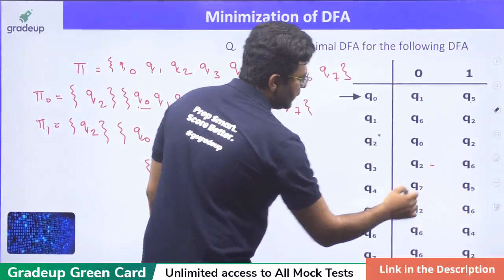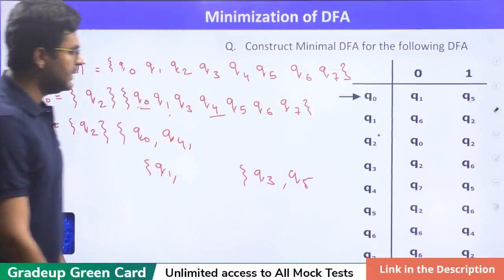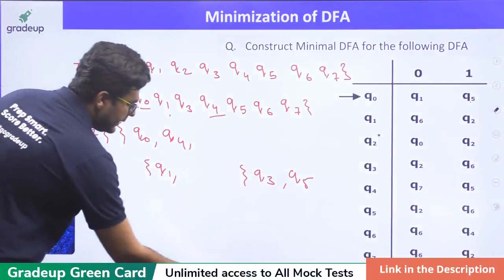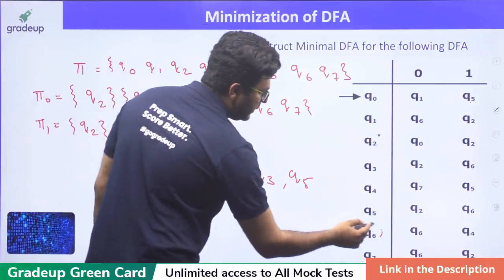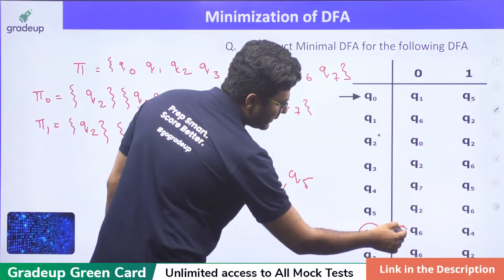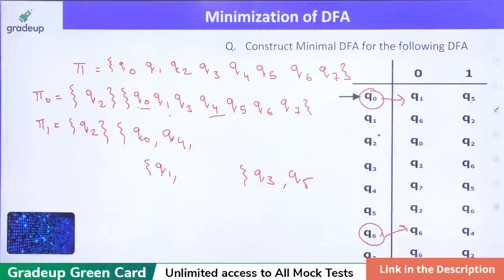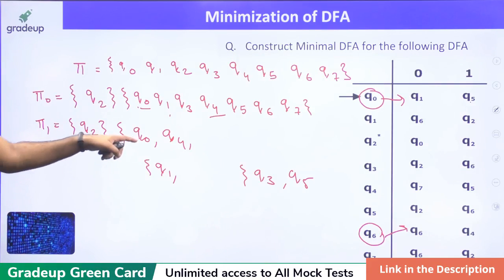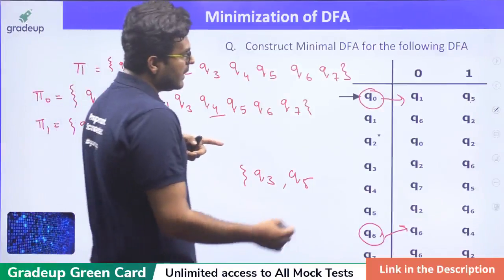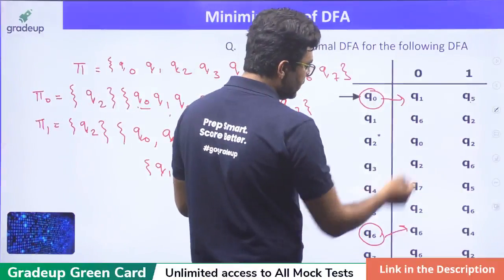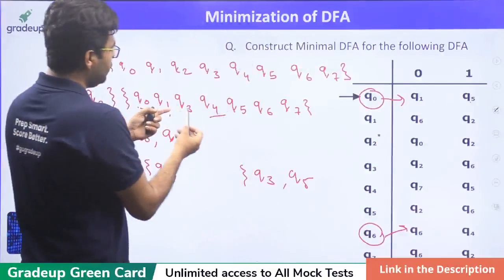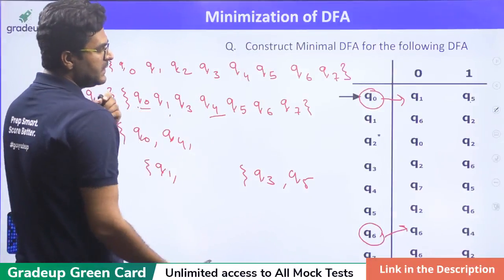Okay. So Q5 is over. Next check Q6. Can we keep it with Q0? On Q6, after reading 0, we are getting Q1 and Q6. So Q1 and Q6 are in the same set.